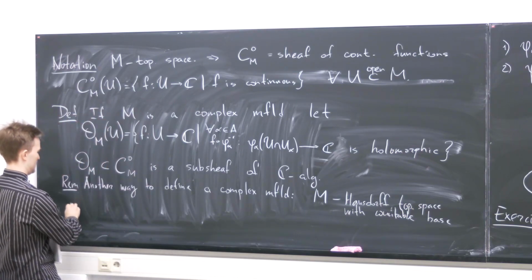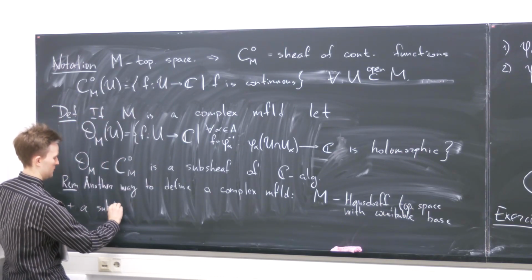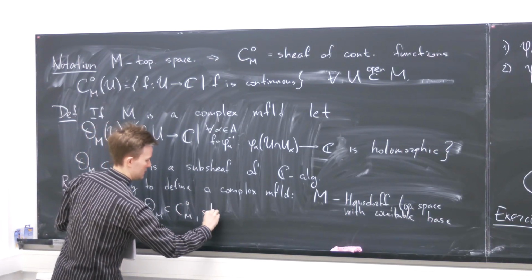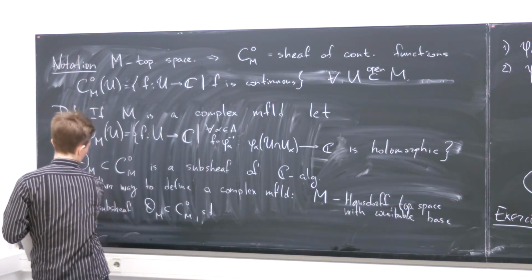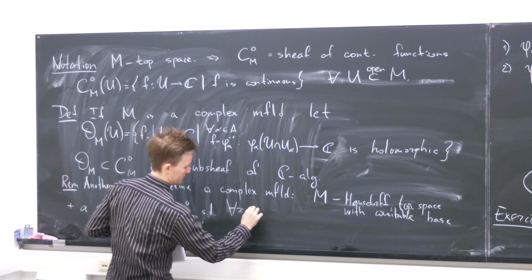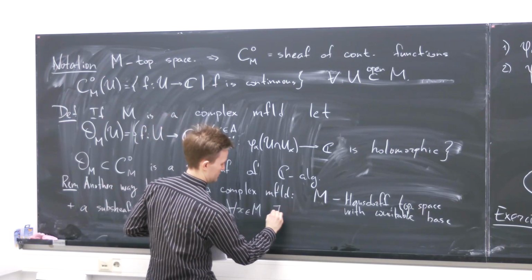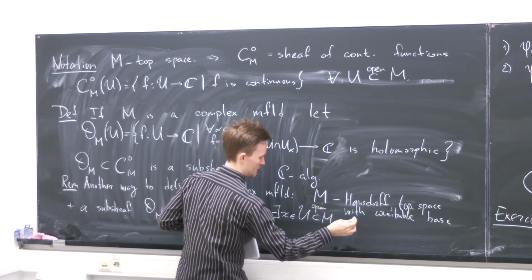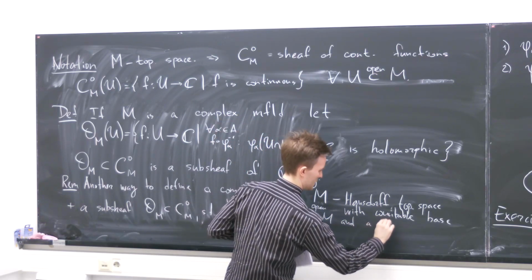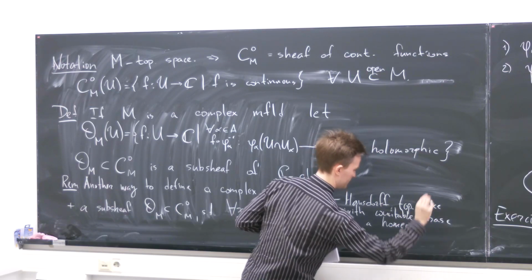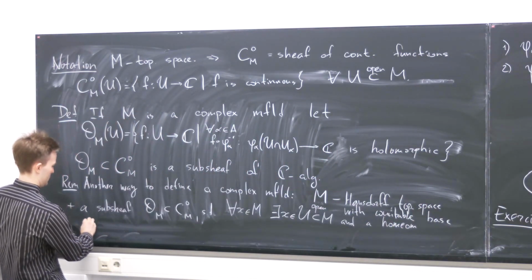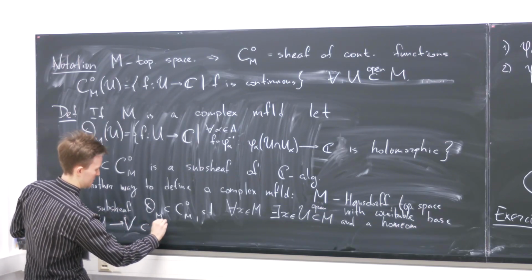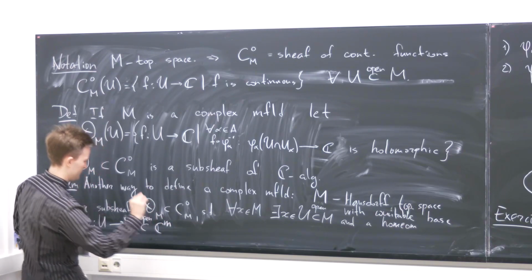And plus a subsheaf OM inside C0M such that every point in M has a neighborhood, so there is some open subset U containing this point and a homeomorphism phi from U to V, which is an open subset in Cm, right?